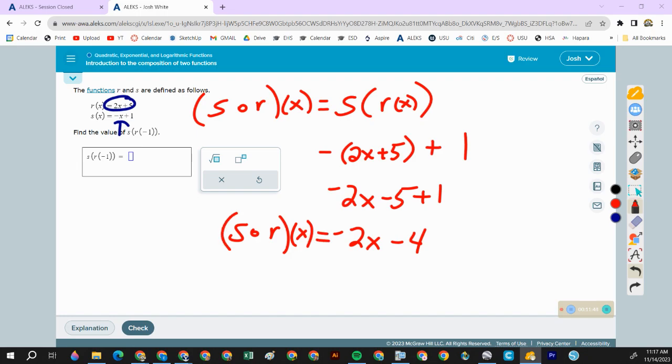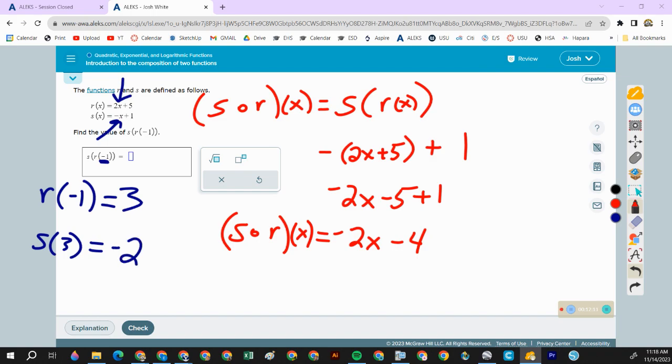Okay? So what about when X equals negative 1? Well, what is R of negative 1? If I put a negative 1 in there, what happens? I get 3, right? Well, now, what happens when we put 3 in for S? It's the opposite of 3 plus 1, negative 2.